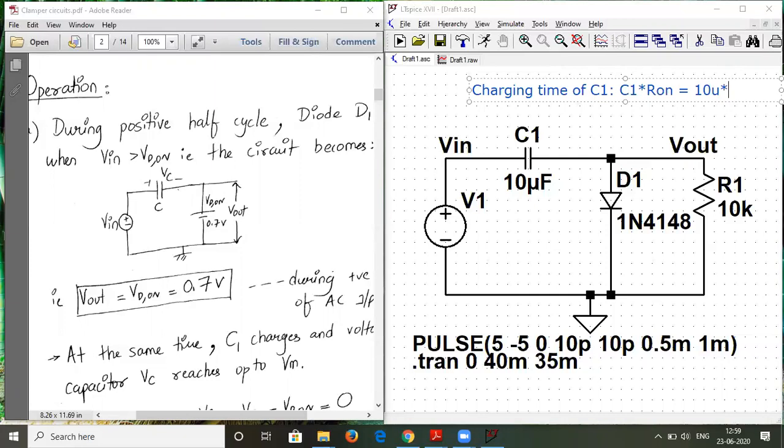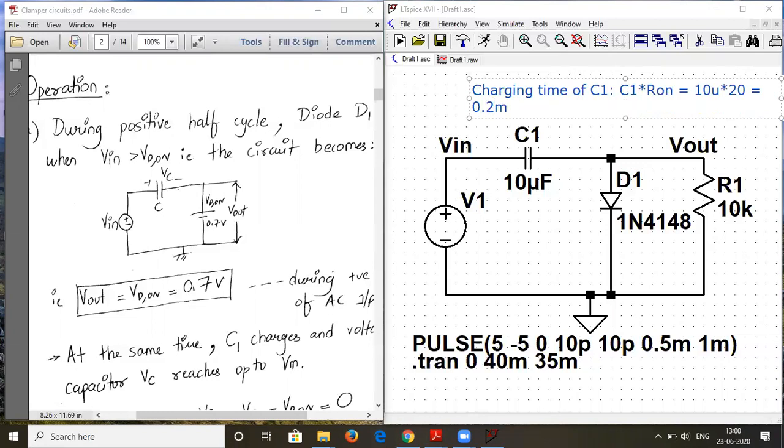Let's consider around 50 ohms. It's even smaller than that, but let's say 50 ohms. I think this 50 is too large a value, it's lesser than that. Let's say around 20. So this value will come out to be 0.2 milliseconds.